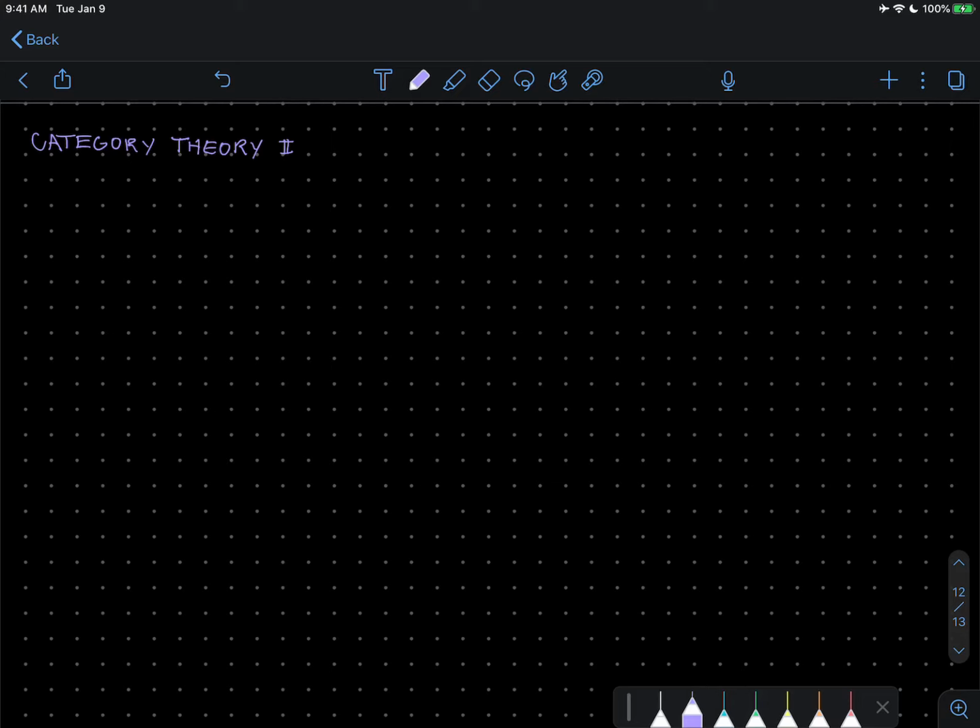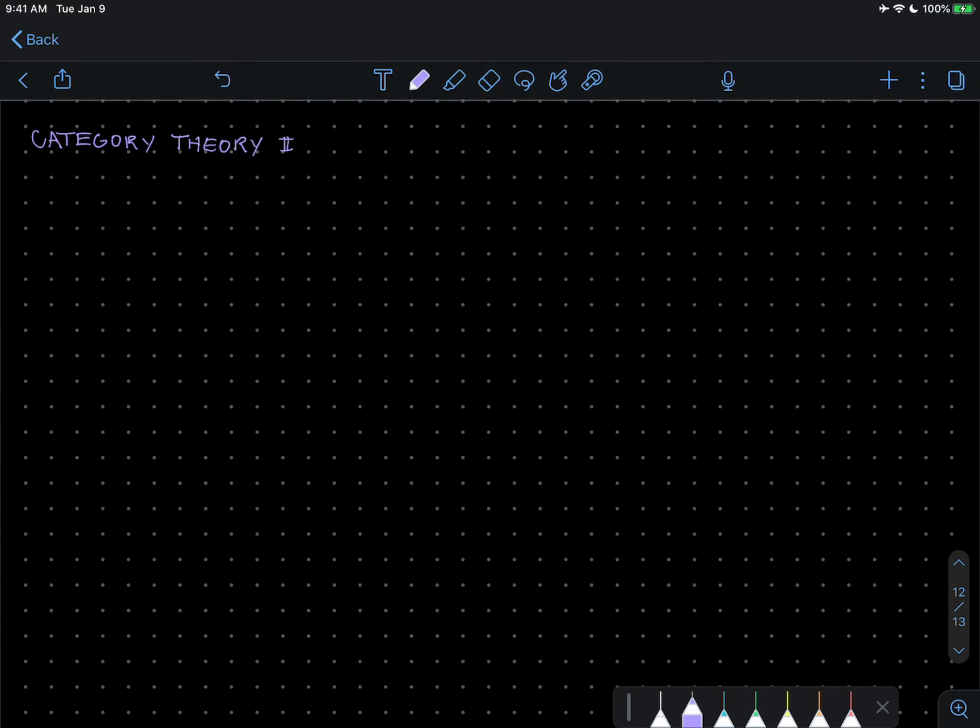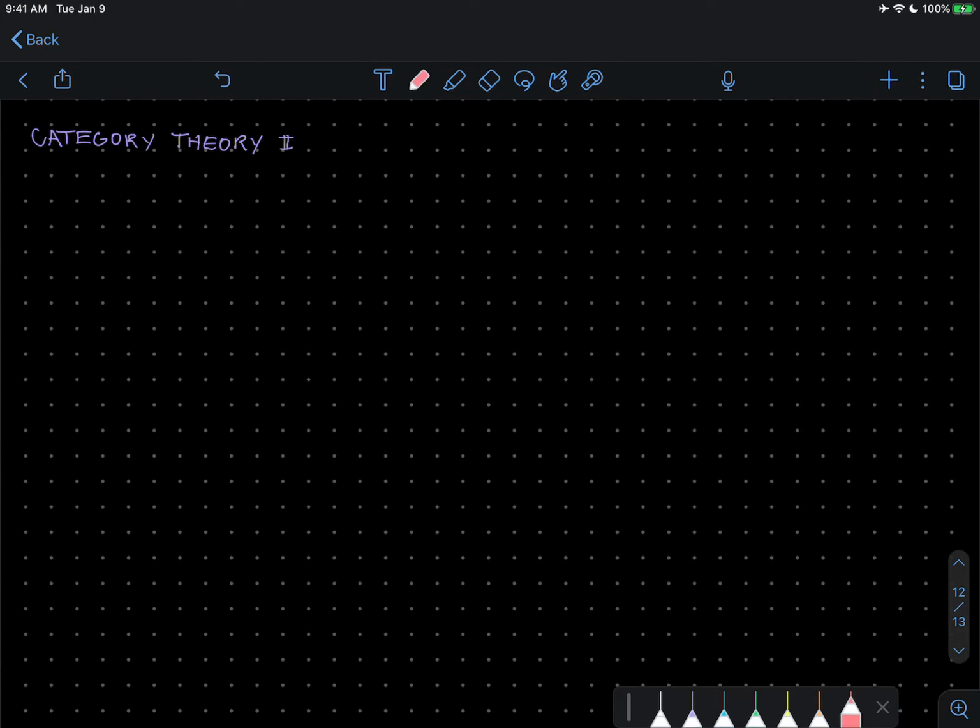We are going to continue our lightning-fast overview of category theory today. Once again, I just want to say that if you want a more complete treatment of this material, please go check out Emily Riehl's book, Category Theory in Context.